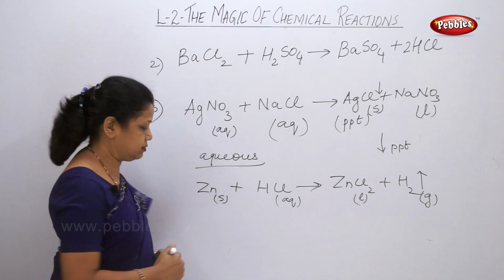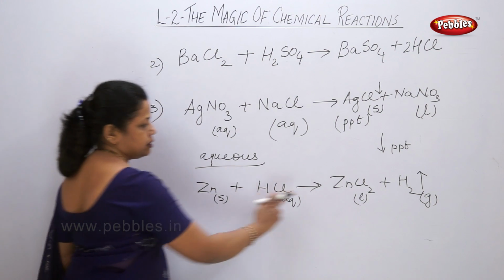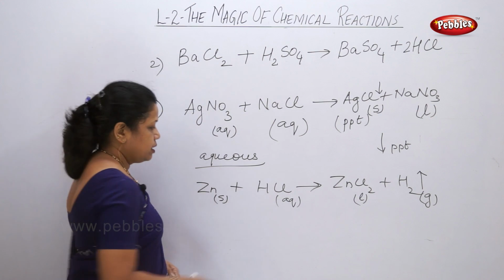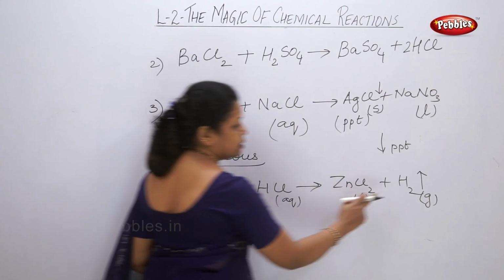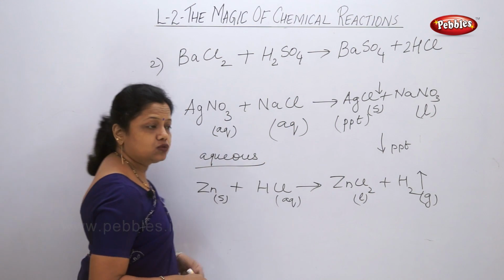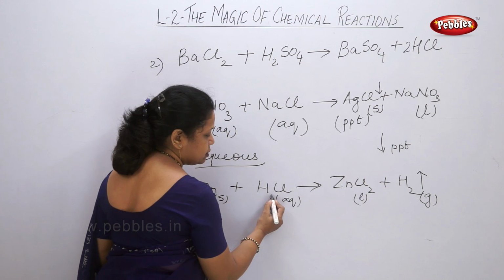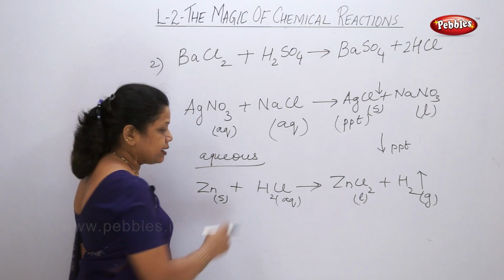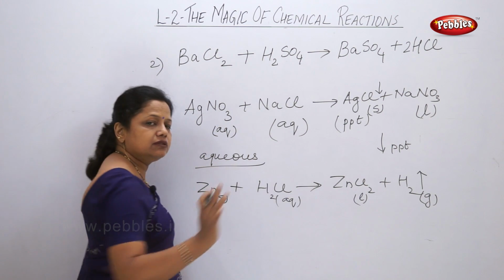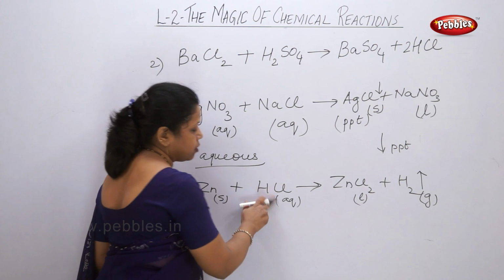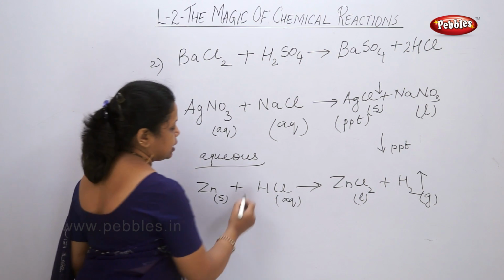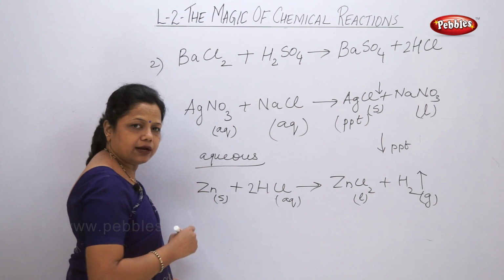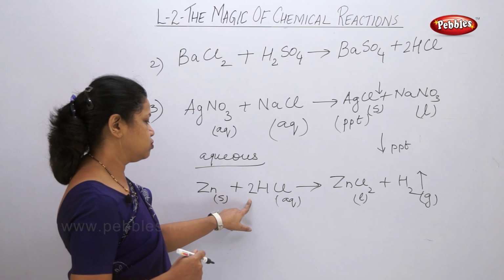Hit and trial method. Here zinc 1, here zinc 1, here hydrogen 1, but here hydrogen 2. So can I write 2 here? No. If I write H2Cl, I am changing the whole formula. That is wrong. So where should I write? I should write on the left side of the formula. So 2 HCl.